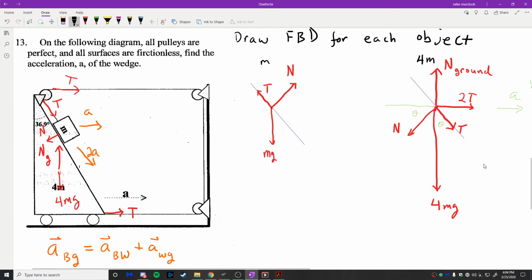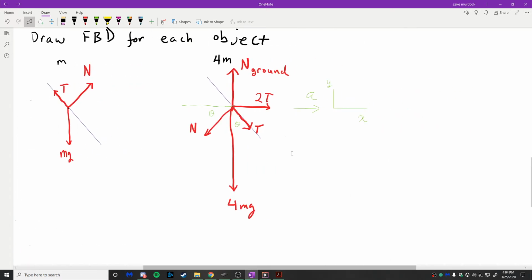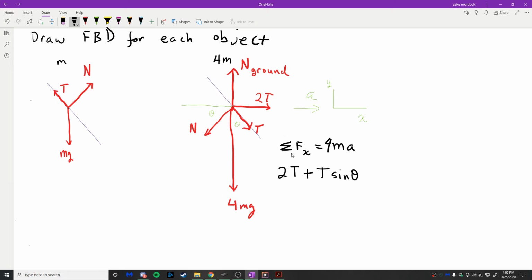And I think that's all we need, because then we can state that for this system here, if I want to write down what my Newton's second law equation is going to be, go over to the right again. So my Newton's second law equation for the wedge, in the x direction: net force acting in the x direction is going to be equal to the mass, which in this case is 4m, multiplied by the acceleration. And the forces we have in the x direction are going to be 2T plus, right here we have T times the sine of theta, and then mg doesn't have a component this way.